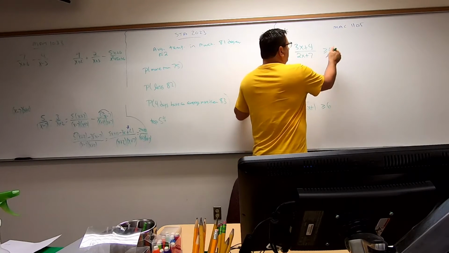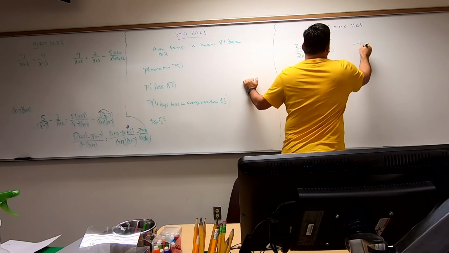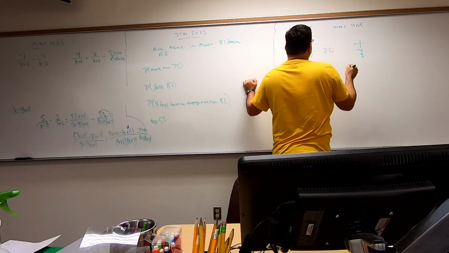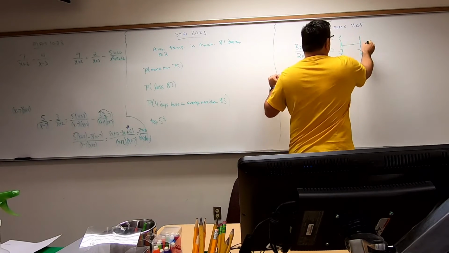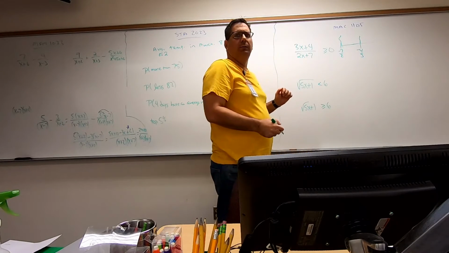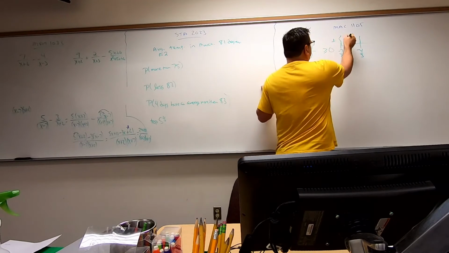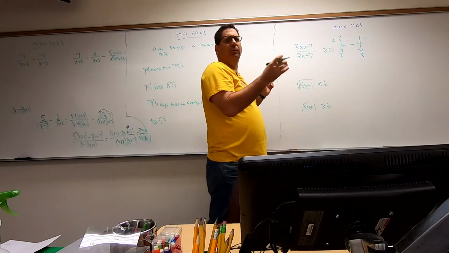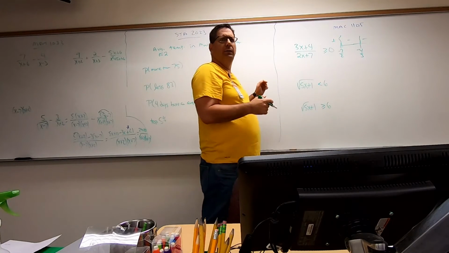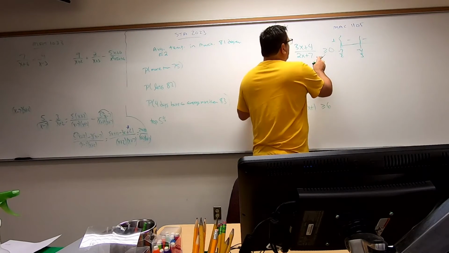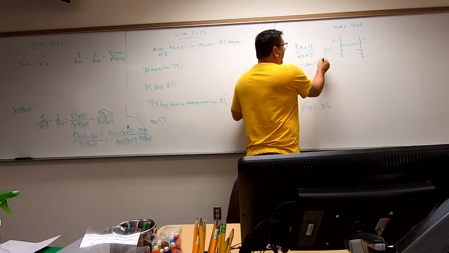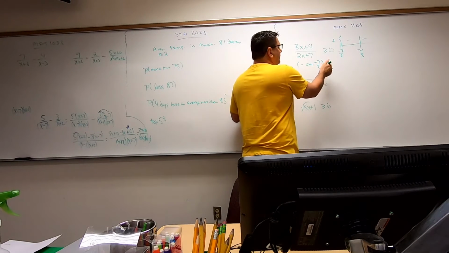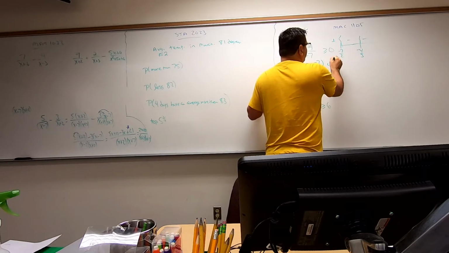This one, we got -4/3, and then -7/2. Right? Plugging in test points. This is positive. This is negative. This is positive. I don't want to go through the whole thing. Is that okay? When's it greater or equal to 0? Negative infinity to -7/2. That's going to be a parenthesis. Union -4/3. That will be a bracket.